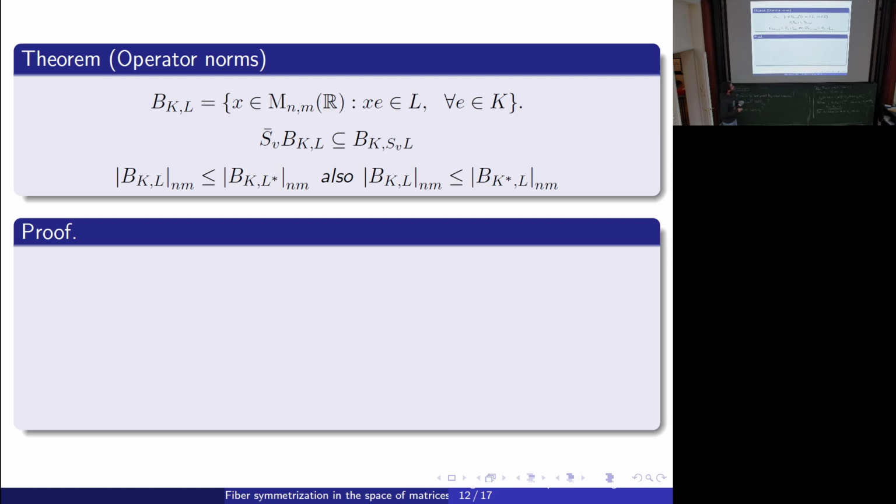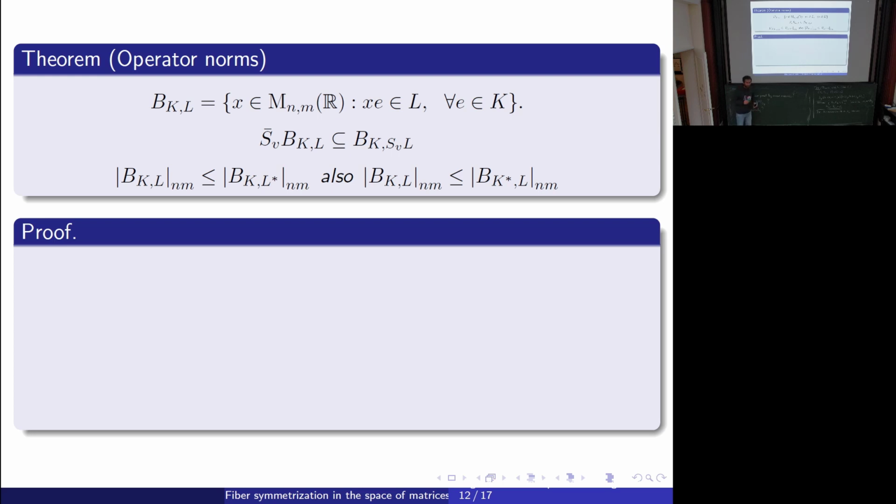So this is just a silly application of what you can do with fiber symmetrization, which is consider the operator norms, right? If you have a convex body in Rn and Rm, then a matrix will represent a linear function from one to the other, right?